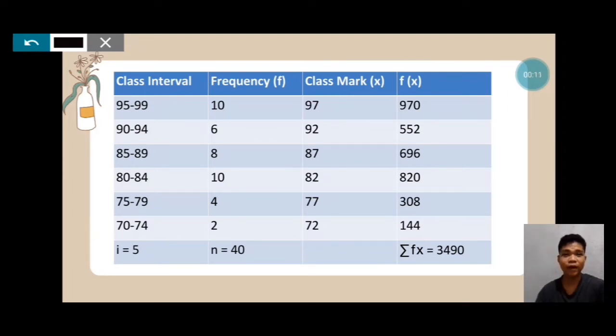In the same way, to find the class mark of the students, we need to add the upper limit to the lower limit and then divide it by 2.